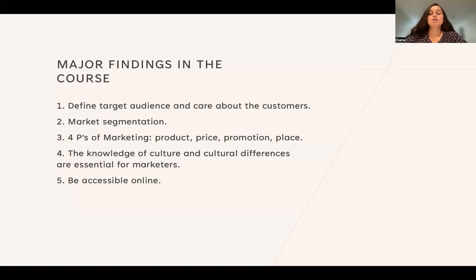And to begin with, we will speak about the first finding, that is about defining the target audience. I guess this is one of the most important things in the market, and it is somehow connected with market segmentation, because defining the target audience helps marketers understand who they are going to deal with and how to communicate the product they have with the audience.